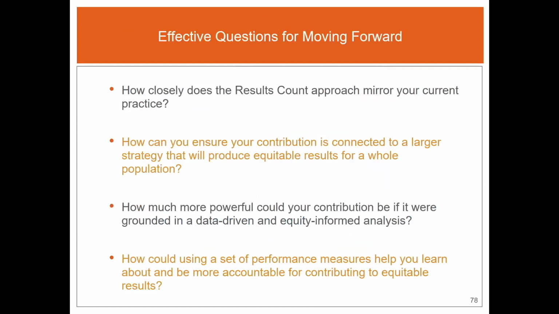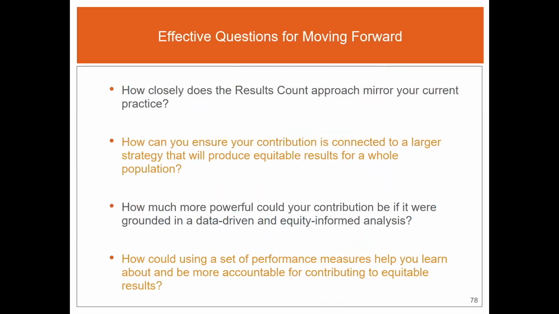And the last thing I invite you to do is a little reflection, right? As you digest the information I shared with you, think about these questions. How closely does the results count approach mirror your current practice? You may be doing some of this intuitively.